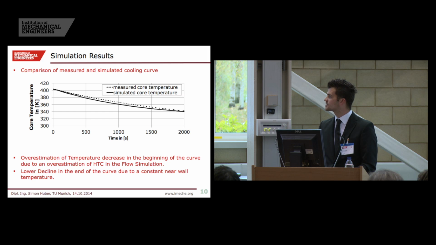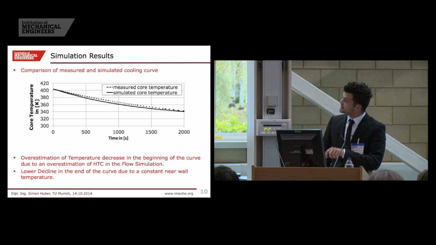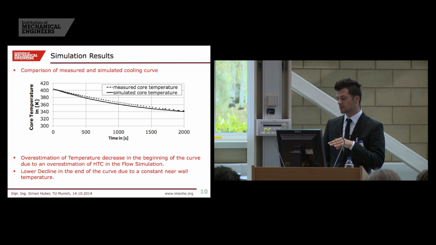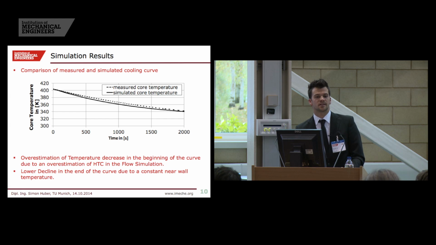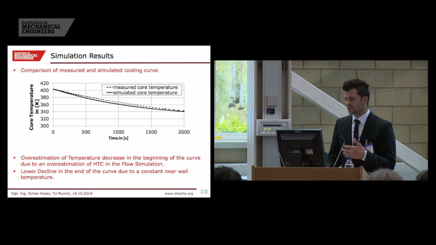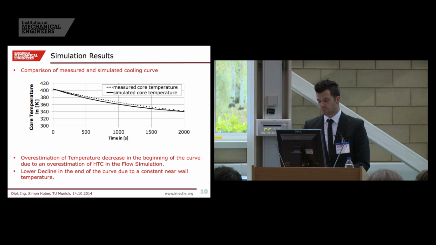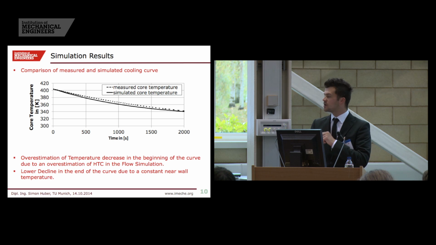If we're now comparing this result with the buoyant DES solver, you can see that for the buoyant DES solver, the temperature decrease in the beginning is a little bit better, but in the end, the temperature is higher than in the experiment. So what is happening here is that if I hand over the near wall temperature, which is the temperature of the first cell of the CFD simulation, to the thermal solver, this will be my limit temperature.